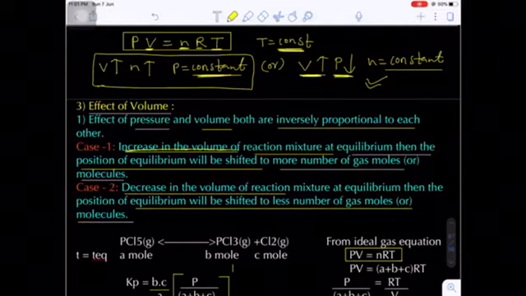So the effect of volume is indirectly the effect of pressure, but they are inversely proportional to each other. Are you getting my point?